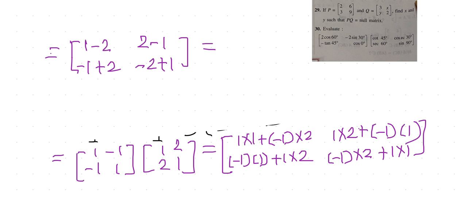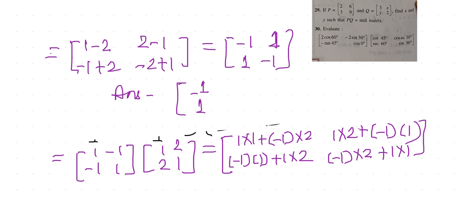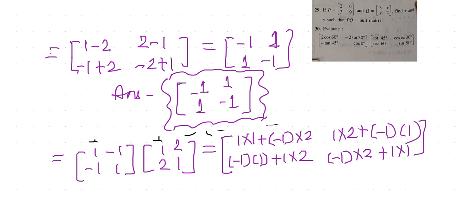You are getting 1 minus 2 is minus 1, 1. Then here 1 and minus 1. So this is the matrix that you are getting. So what is your answer, children? So this is equal to minus 1, 1, 1 and minus 1. So in this way this particular sum can be done, children, wherein what was important was for you to know the trigonometric values. If you know the trigonometric values, then you are good to go.